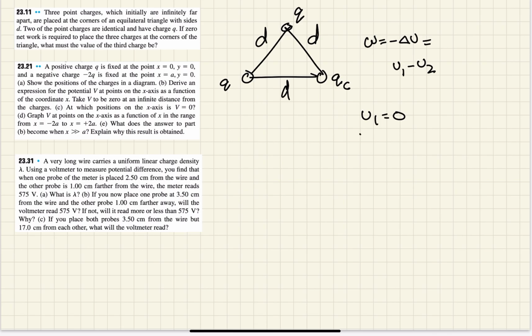As for U2, you have to calculate all the potential energy pairs. So let's say this is A, B, and C. Between A and B is going to be kQ squared over R. In this case, R is d. Plus, between A and C is kQ times QC over d. And then between B and C is the same thing. So this just becomes 2 times that.